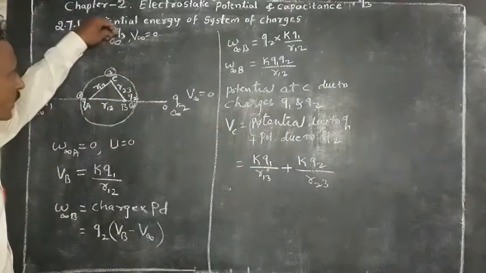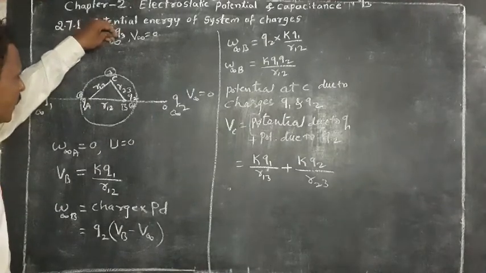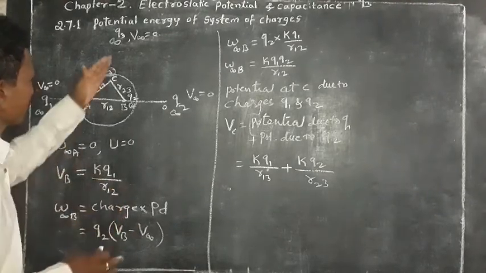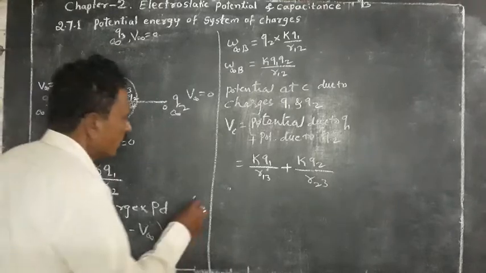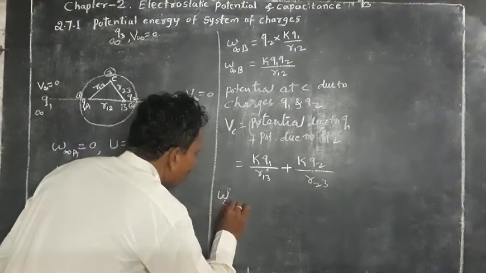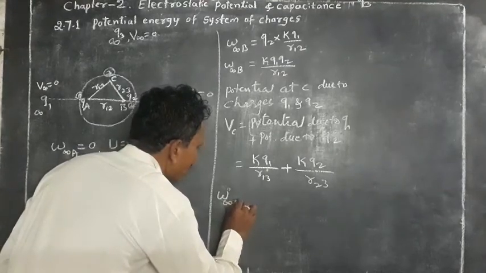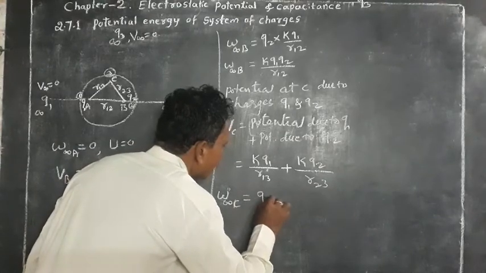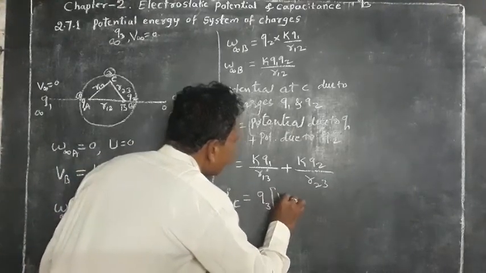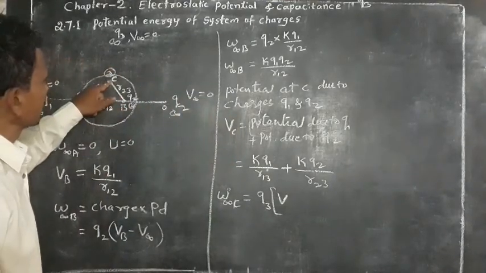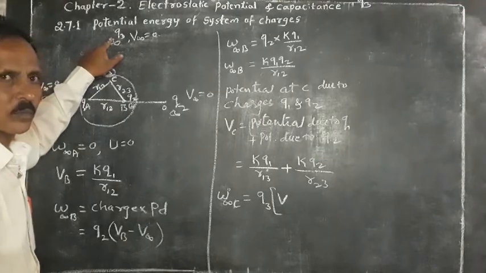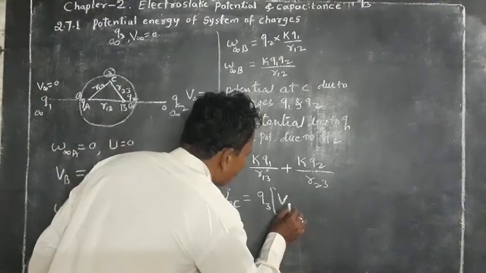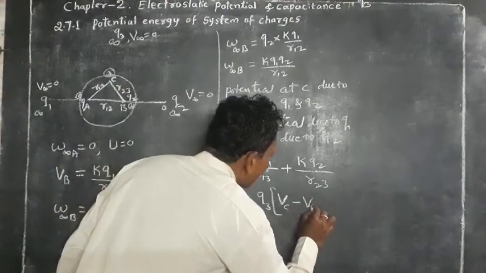Therefore, work done in moving a charge from infinity to the point C, it has to overcome repulsive forces due to Q1 and Q2. This work done is equal to charge Q3 into the potential difference between the potential at C and potential at infinity, that is Vc minus V infinity.